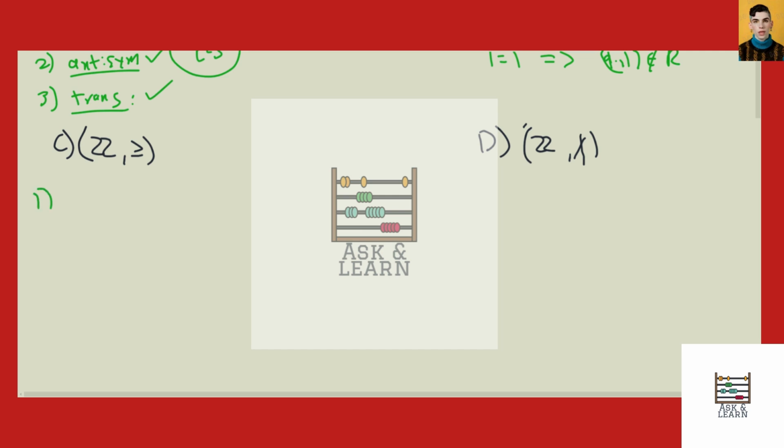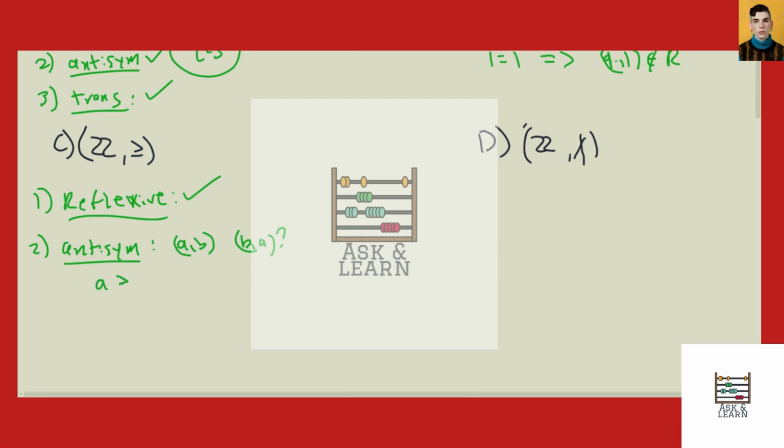Okay, now what about greater than or equal to? Well, it's definitely reflexive since all numbers are greater than or equal to themselves, so that checks. What about anti-symmetric? Well, let's say we have this (A, B), and would we be able to have (B, A) in the set?